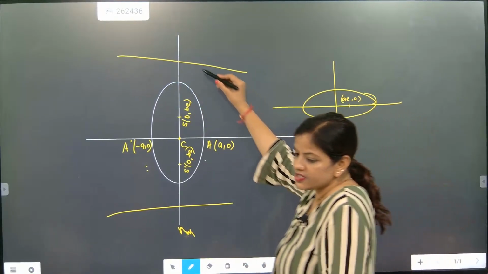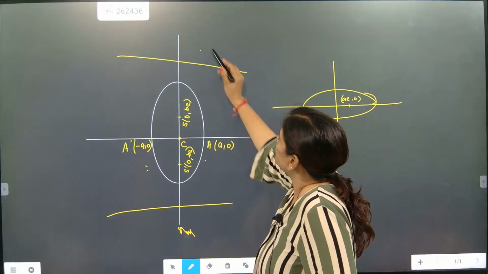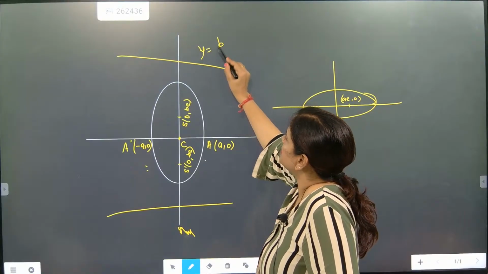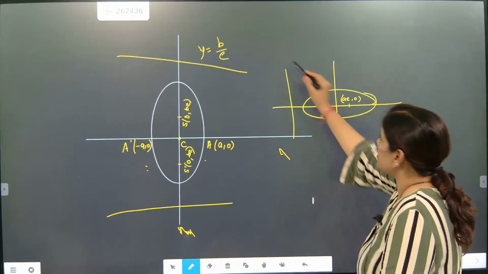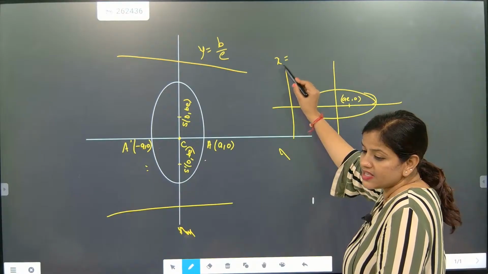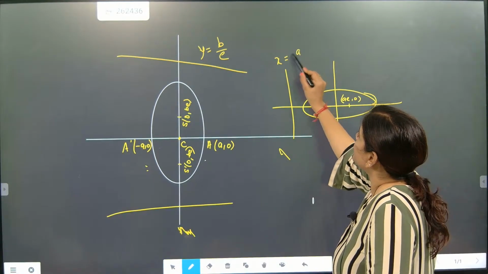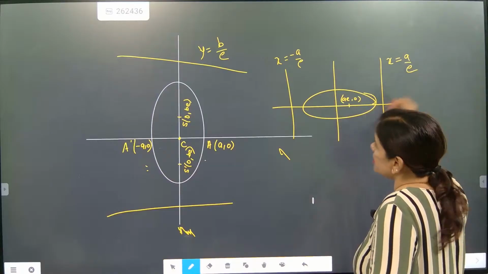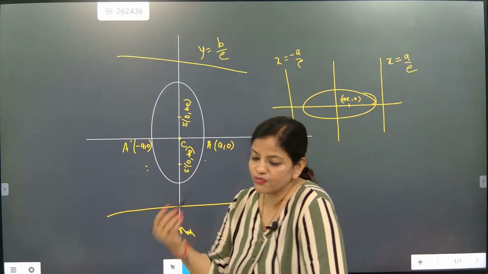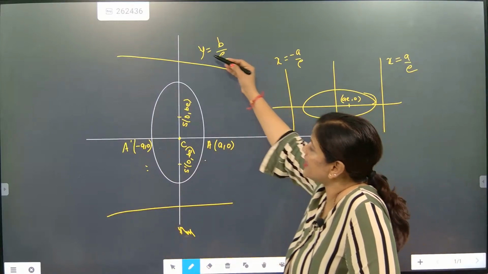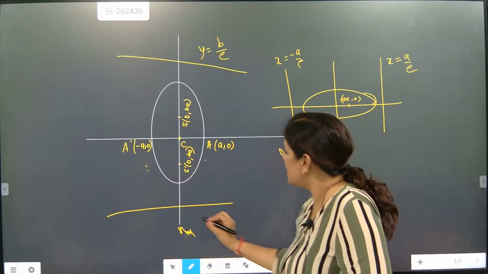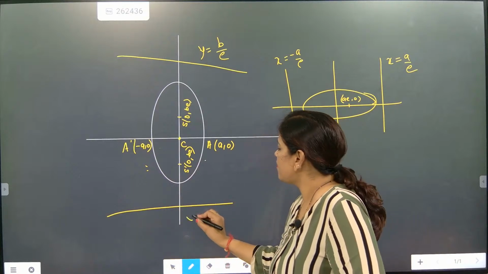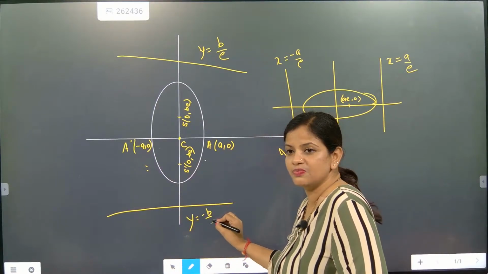So this directrix will become B by E. There it was A by E. This is the difference. There it was x is equal to minus A by E and x is equal to A by E. But in this case the directrix lines will be y is equal to B by E and y is equal to minus B by E.